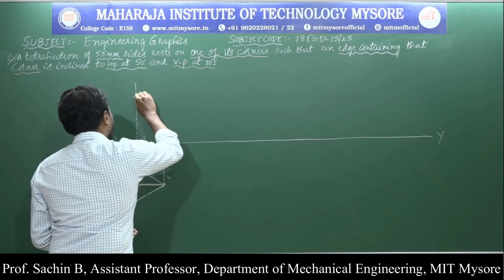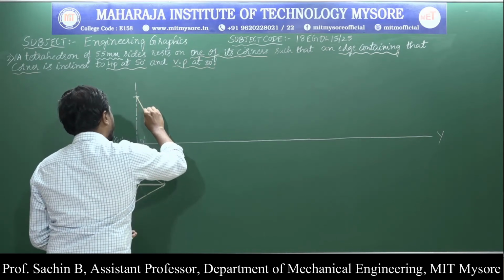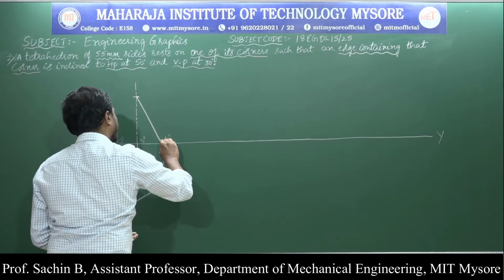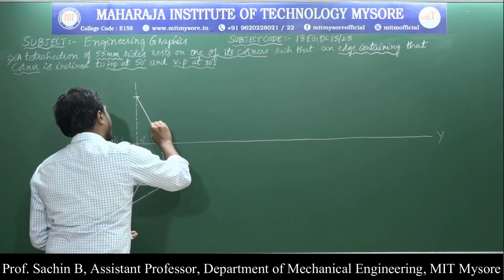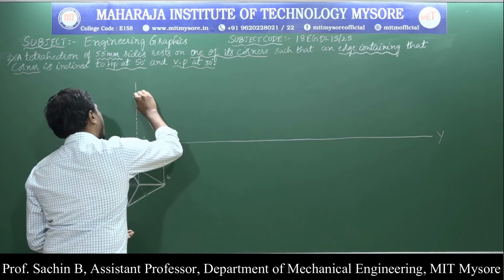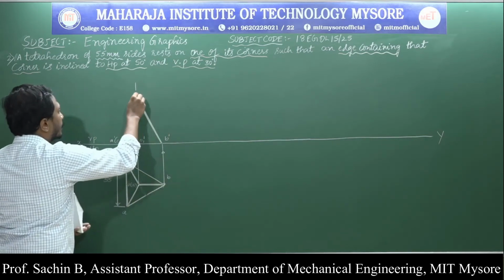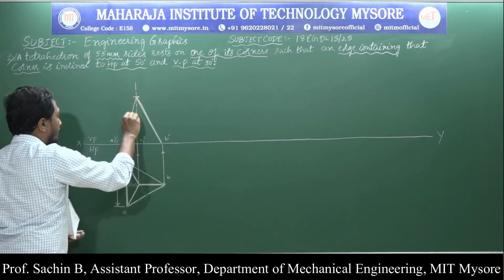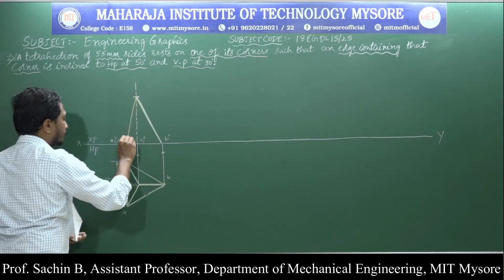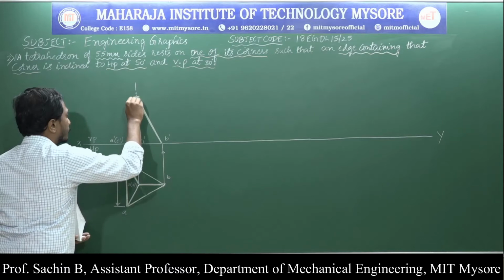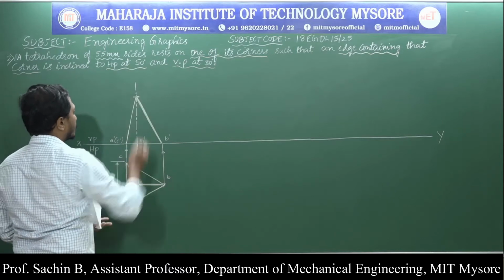Next I will join O dash to P dash. This is the length; if I measure it, it will be exactly 55 mm. Now I will join this A dash to O dash.